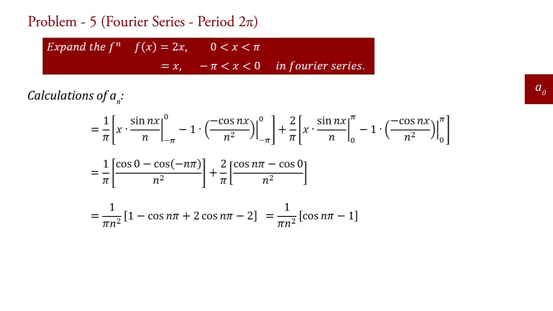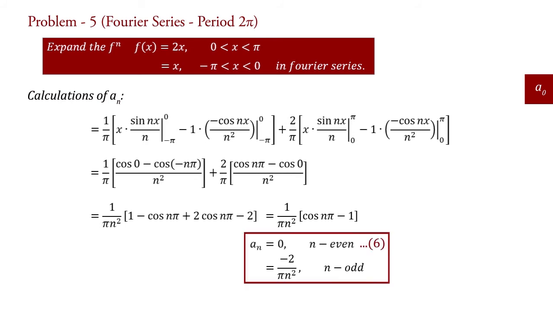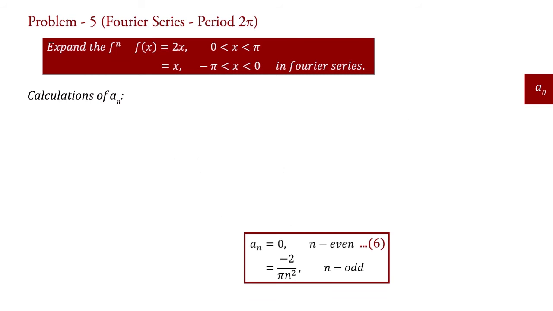And this an equal to minus 2 upon pi n square for n odd, because when n is odd, cos n pi equal to minus 1, and therefore cos n pi minus 1 equal to minus 2. This is the value of Fourier coefficient an.